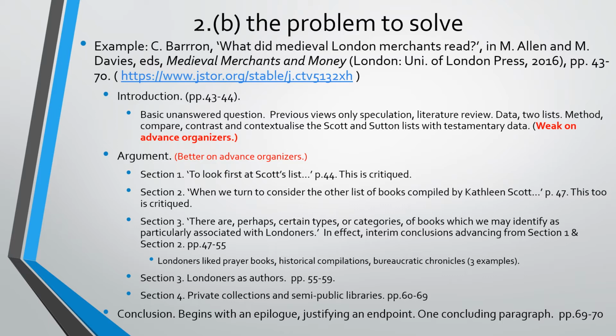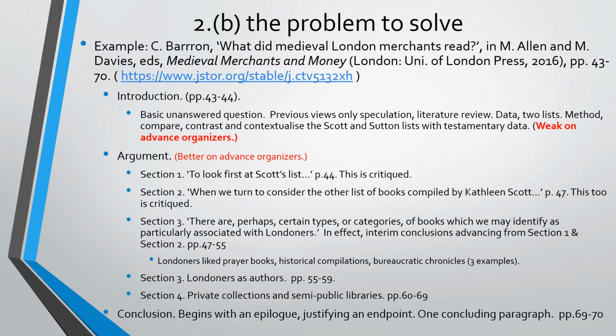So in her introduction, she says, look, there's a basic unanswered question. Previous views are only speculation. She engages in a literature review. She indicates the kind of data she's going to use. These are two different lists of books we know that medieval London merchants possessed.